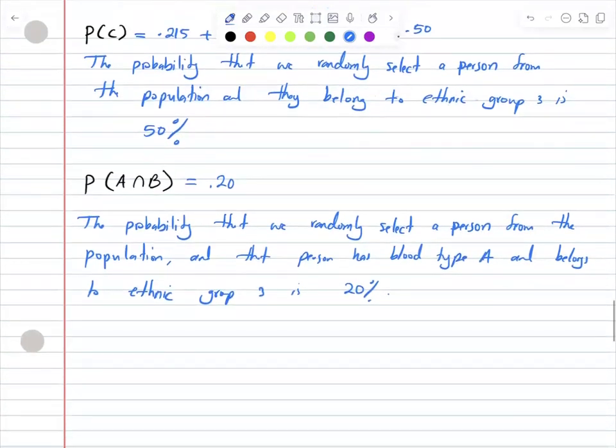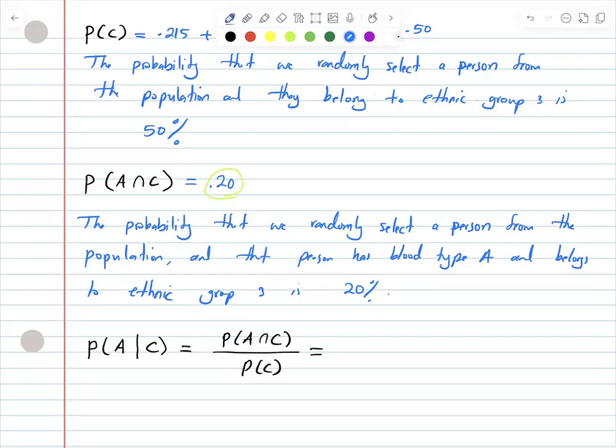So let us make it more interesting. Now, what if I change this and I ask you to find the probability that a person has blood type A given that person is from, and this should be C, not B, and that person already belongs to ethnic group 3. What is this conditional probability? As you remember, it is the probability of A and C divided by the probability of C. We already know the probability of A and C. This is 20%.